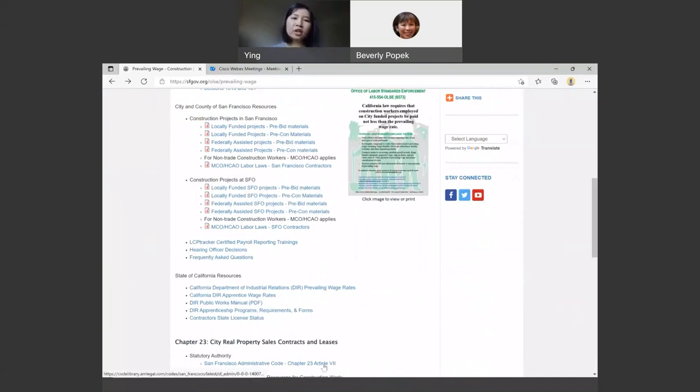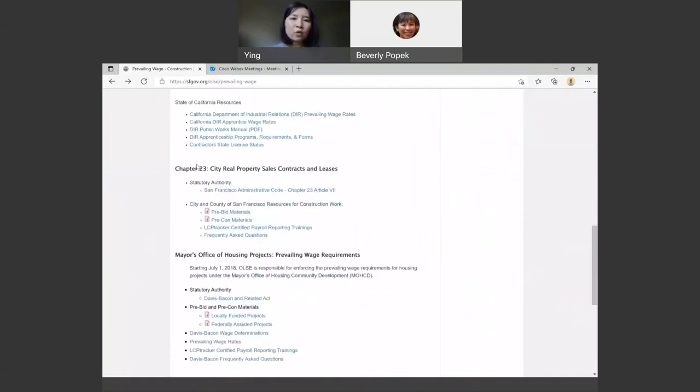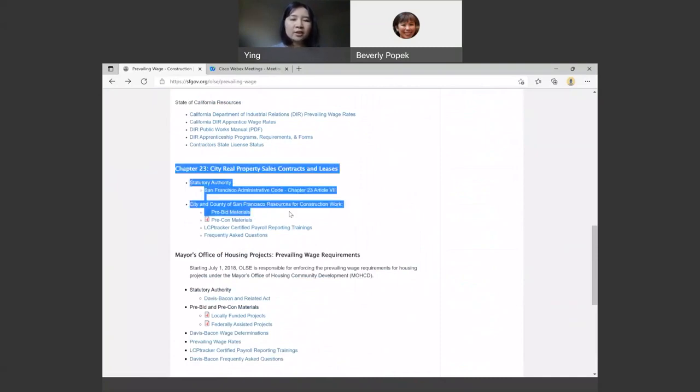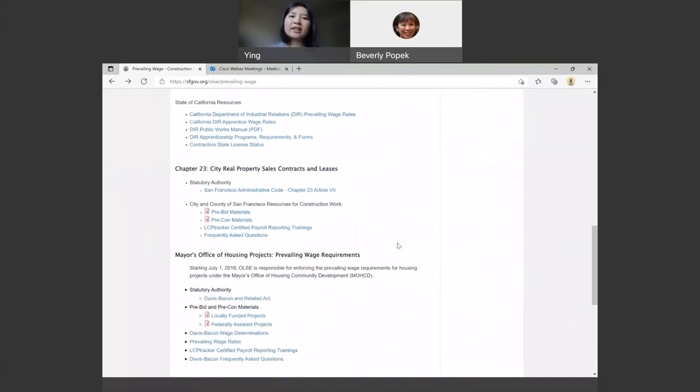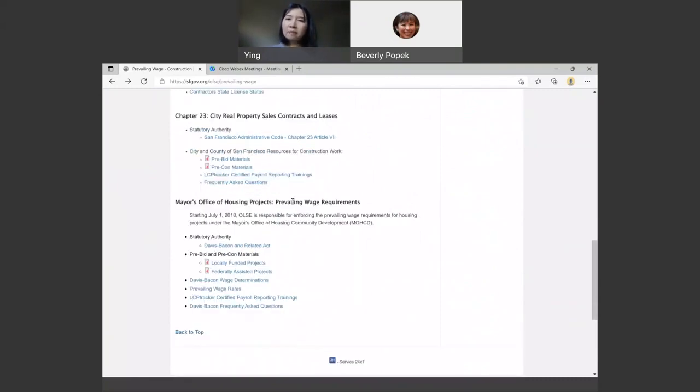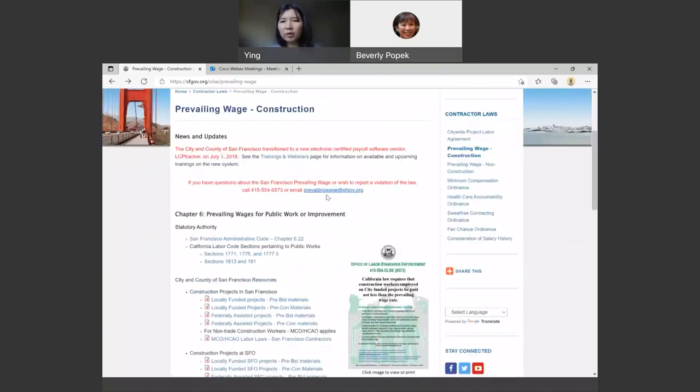And next we have Chapter 23, and we are going to go over it later on. And these are the materials and information for Chapter 23. And if we go to the upper right-hand corner, we have different quick links.